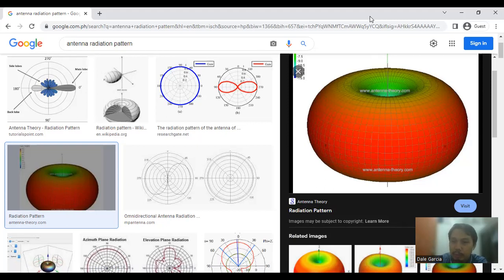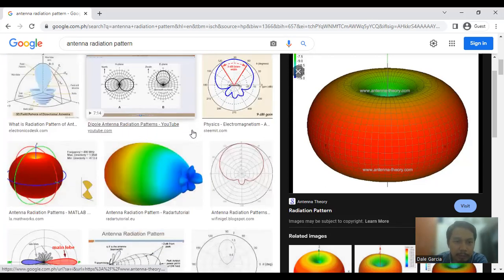Try to imagine that our antenna is exactly in the middle of this thing, and it's very small, just a point, somewhere exactly in the middle. So it radiates energy in all directions, and the same power.